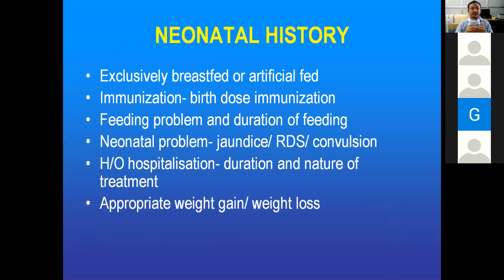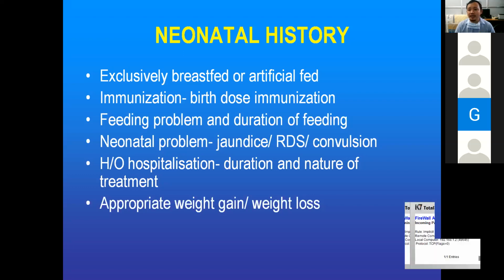Whether the child was exclusively breastfed or artificially fed, whether birth dose immunization was given, were there any feeding problems and what was the duration of feeding, like there could be cracked nipple, there could be breast engorgement, and neonatal problems like a cleft because of which there were certain feeding problems. Then there could be neonatal problems like jaundice, RDS, convulsion, and if there is any history of hospitalization, duration and nature of treatment, and during this period whether there is appropriate weight gain or weight loss.